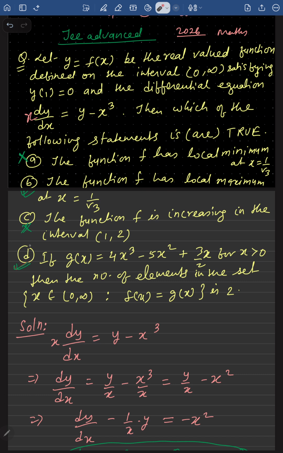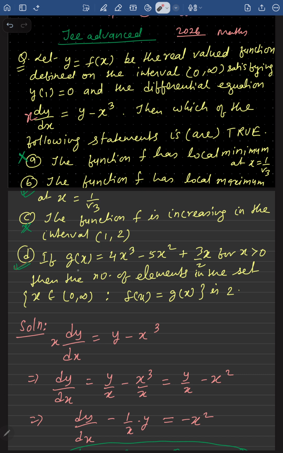Now we are given 4 options and it is a multiple choice question. Option A is the function f has a local minimum at x equal to 1 upon root 3. Option B is the function f has a local maximum at x equal to 1 upon root 3. C is the function f is increasing in the open interval 1 to 2.